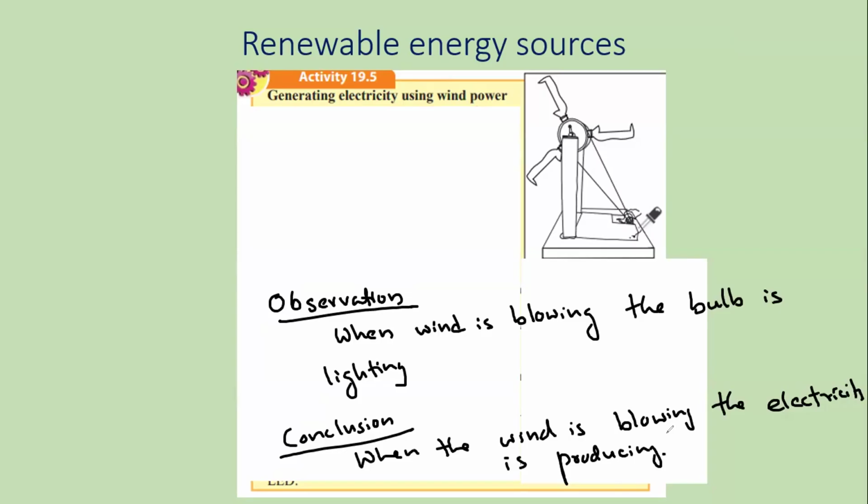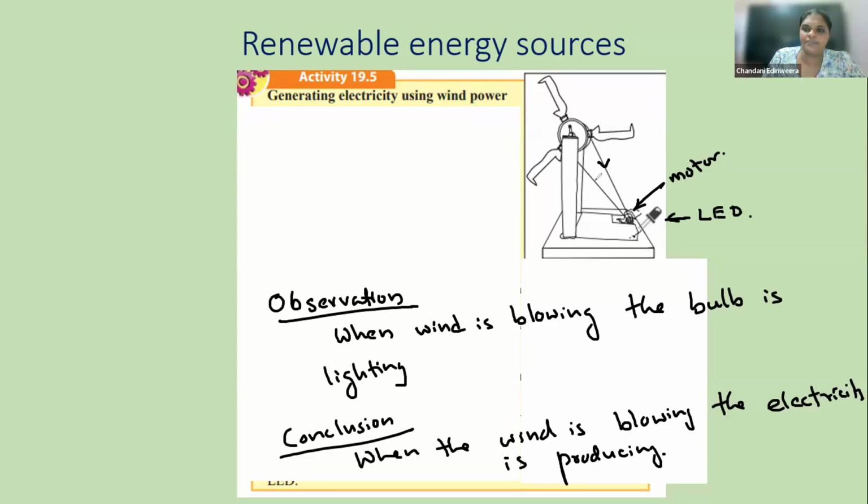Madam, the wires attached to the turbine are attached to the motor, right? This is the motor. A simple motor we can use as the generator. This motor is acting as the dynamo here. This is an electrical generator.